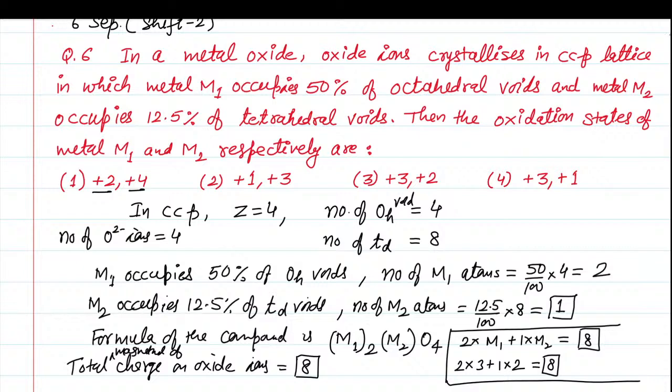That means the answer can be plus 2 and plus 4 or plus 3 and plus 2, but you know it is an AB2O4 type structure, and this is a spinel type structure. So in spinel type structure there are plus 2 and plus 3 oxidation states.